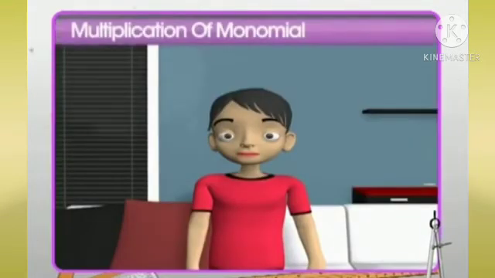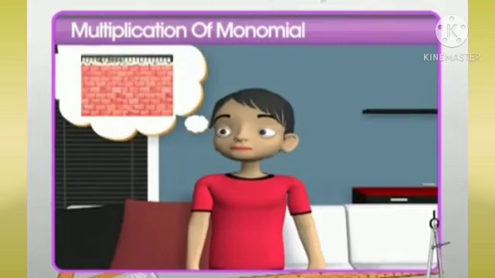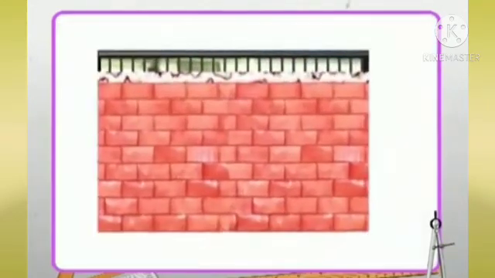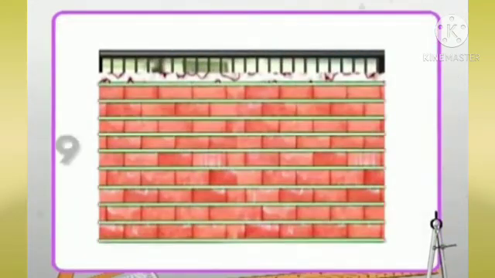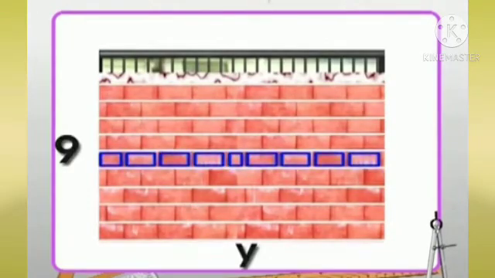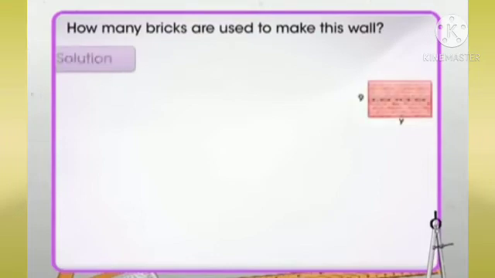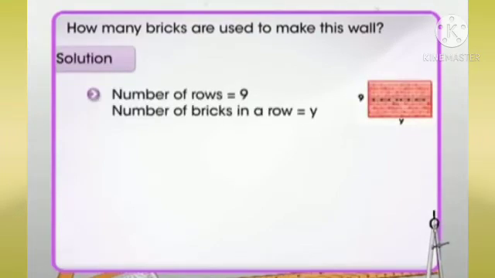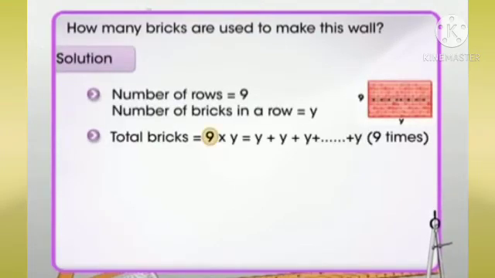Let's find out the solution of the problem at hand. There are 9 rows in the wall and each row consists of y bricks. It means there are 9 into y bricks in the wall. Now, 9y is equal to 9 into y, which is y added to itself 9 times.